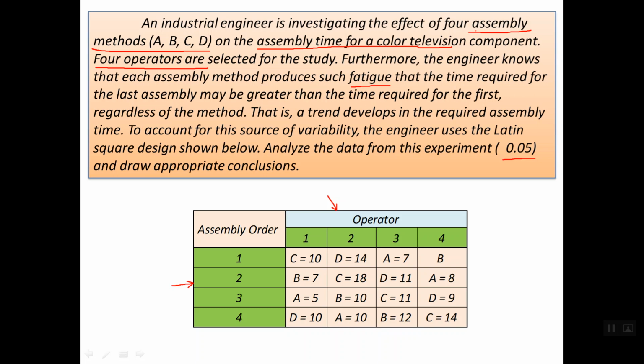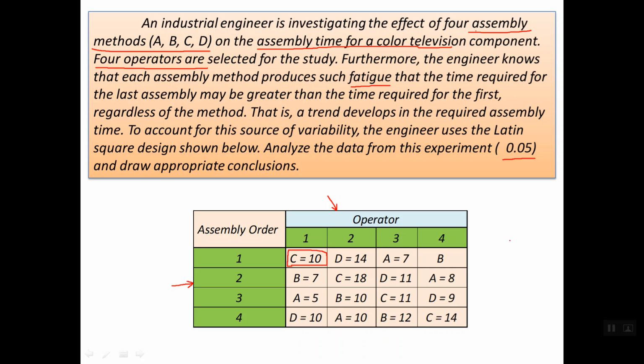For example, this value here means that we have the first operator who works in the first assembly order, who uses the treatment C. The time for the assembly for this operator is 10.